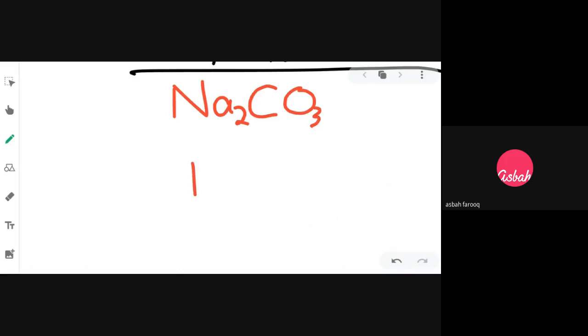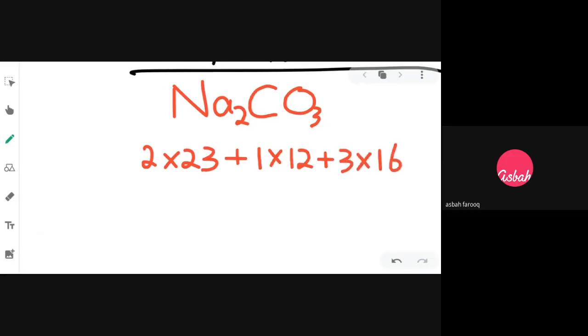If you go into the periodic table, you will see it is written like this: 11 here and 23. This is the atomic mass. So you have to take 23. So you can write down here 2 times 23 plus 1 times 12 plus 3 times 16. 3 times 16 is because we have 3 oxygen atoms and one oxygen has a mass of 16.